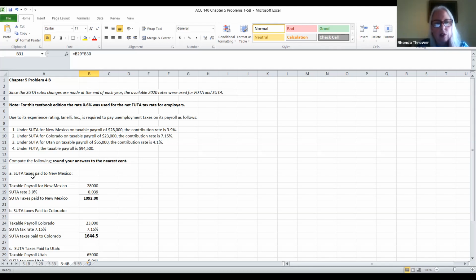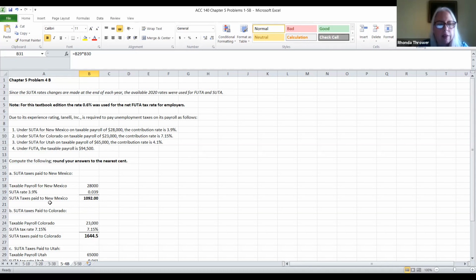So to find the SUTA taxes paid to New Mexico, we simply take the amount of wages that were paid in New Mexico and multiply that by 3.9%. That was the rate for SUTA for New Mexico. When you multiply these out, it gives you $1,092.